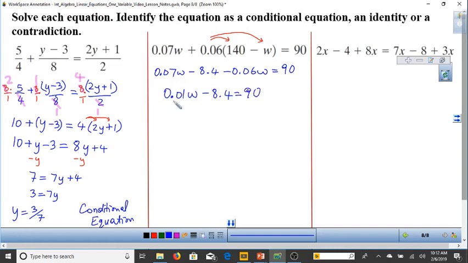And then I add 8.4 to both sides, I get 0.01w is equal to 98.4. And then if I divide both sides by 0.01, and again, you can simply do that on your calculator, you'll get w is equal to 9,840.